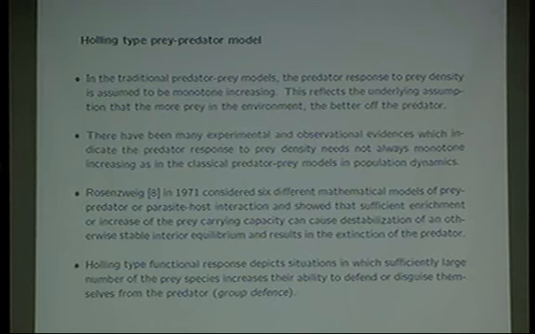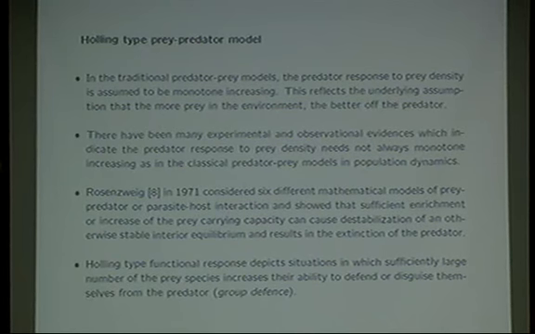In nature, the predation rate, the predator response, may not be linear. The classical Lotka-Volterra model assumes that if there is more prey, then the predator population will increase. But that may not always be true.